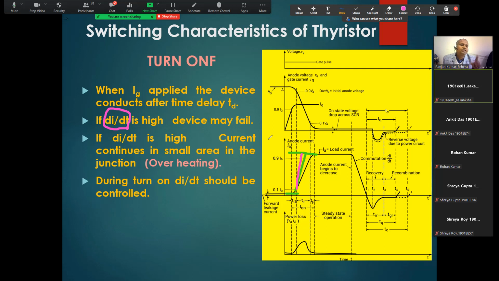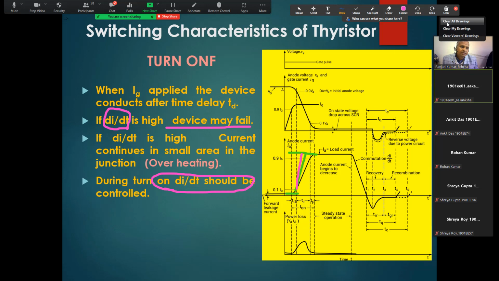Only J2 is reverse biased. So the large change of current will create local heat in junction J2, and due to overheating, the device may fail. That is why during turn on, di by dt should be controlled. So you need di by dt protection during turn on.